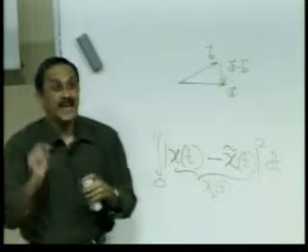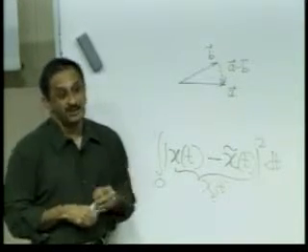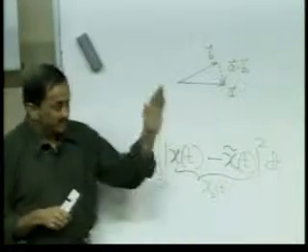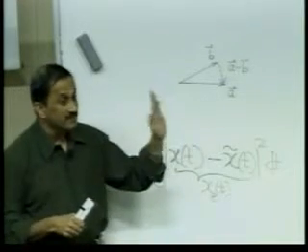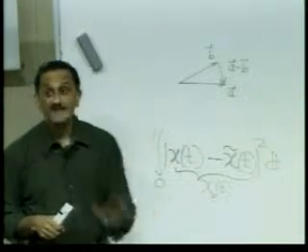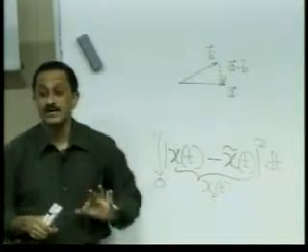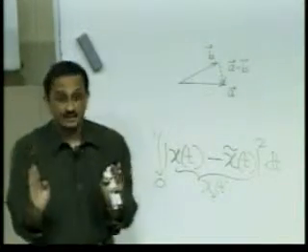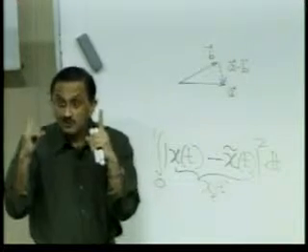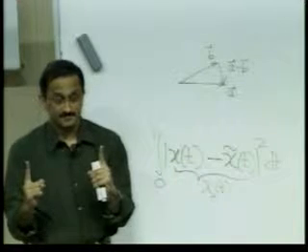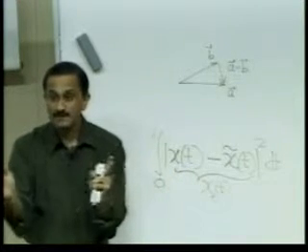Now it is in this language that we can make a statement about the Fourier series. It can be shown that for a wide class of signals, if the periodic signal has finite magnitude in the following sense. Take the periodic signal. Look at only one period of the signal. That's a new signal with only one period.